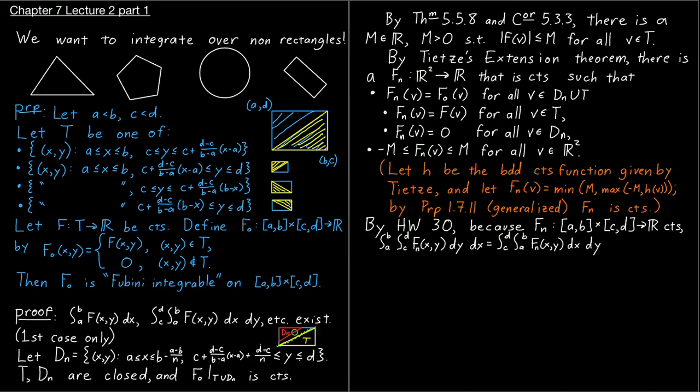So the two iterated integrals are equal, and everything you integrate on the way actually exists.